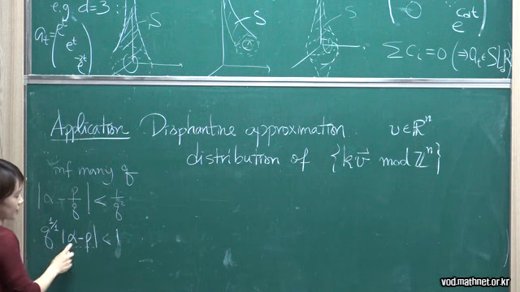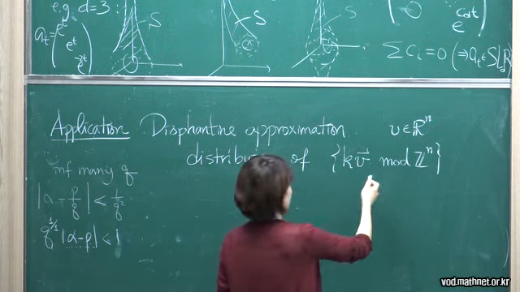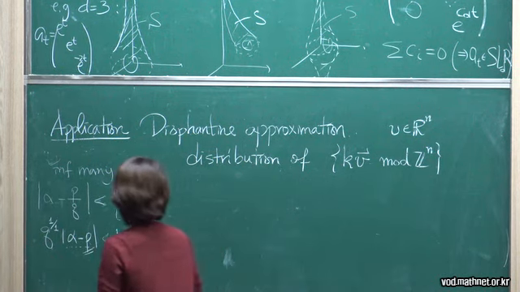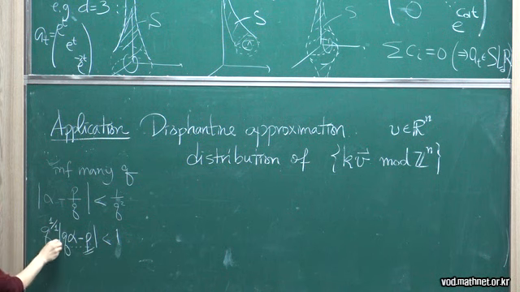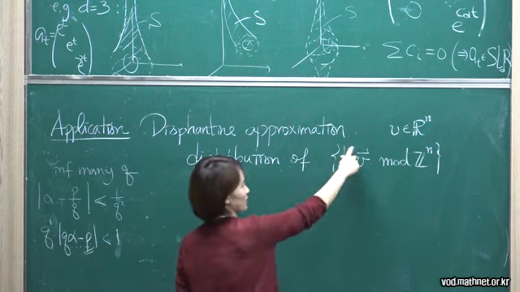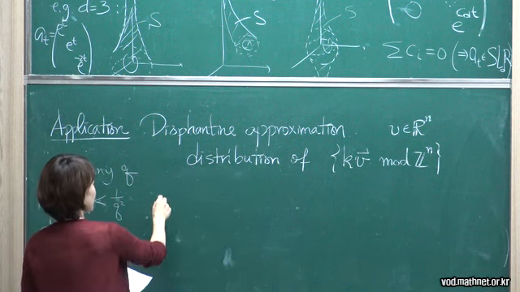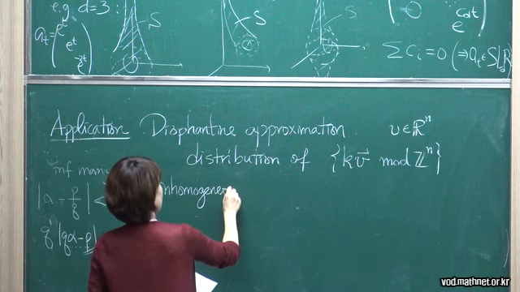You can think of this as the norm of q alpha modulo Z, which becomes modulo Zn. So q alpha corresponds to kV here.